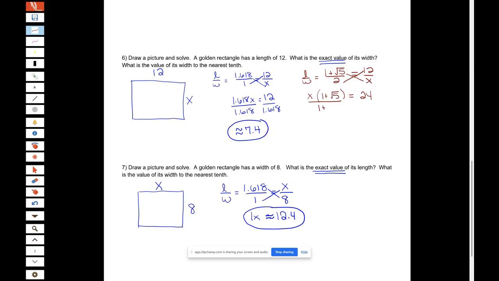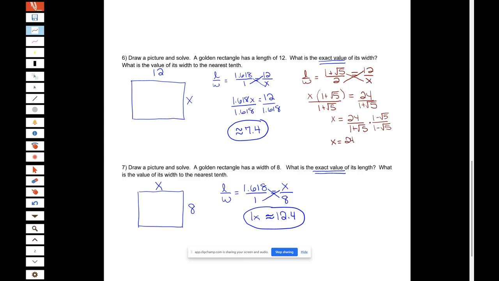We divide by 1 plus root 5 on both sides. So x is 24 over (1 plus root 5). And if you remember how to do the conjugate to reduce that radical and have no radical in the denominator, or rationalize, you can multiply by (1 minus root 5) over (1 minus root 5) to simplify.